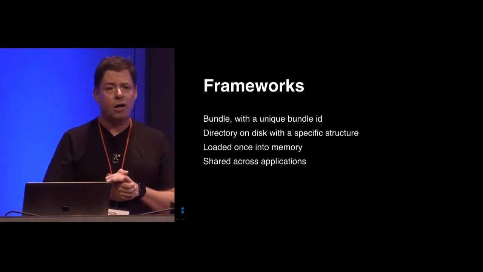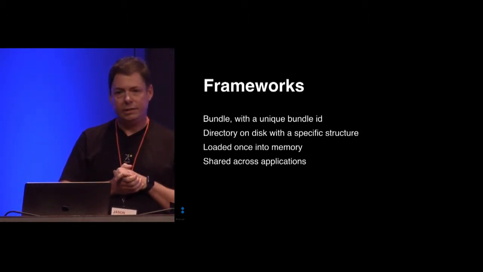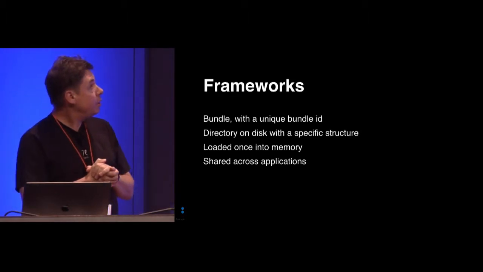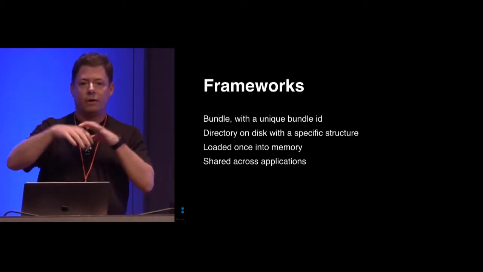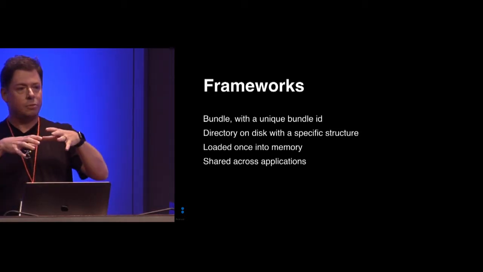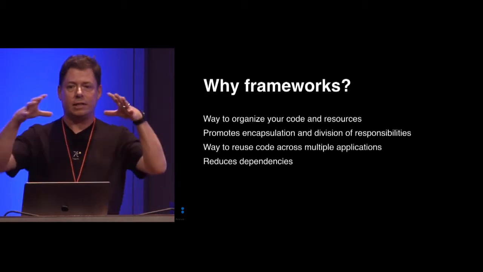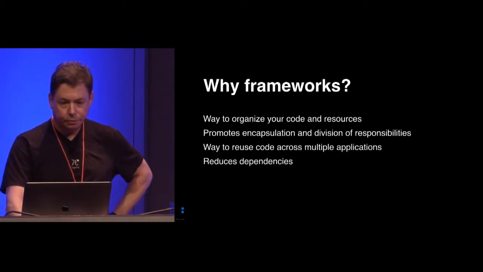They're shared across applications. They're also shared across your extensions, so it really helps when you're putting together your application. You don't have to compile and bundle the code in with each extension. If you create a framework for your reusable code, it only has to include it once in each extension, and your application just links to it.